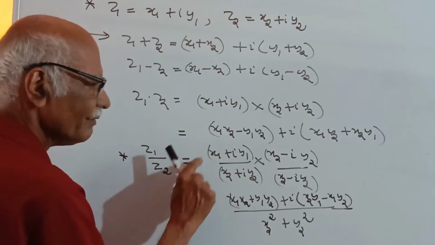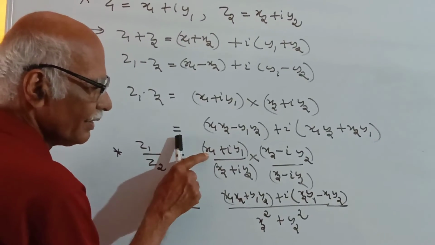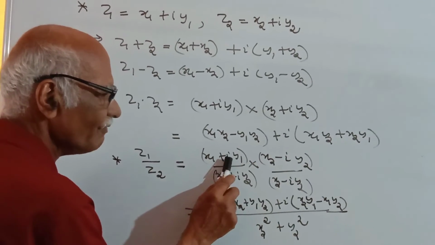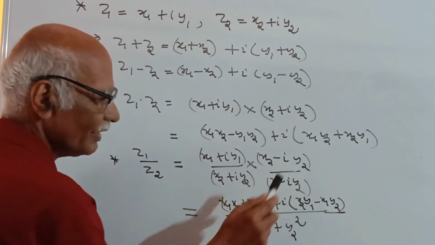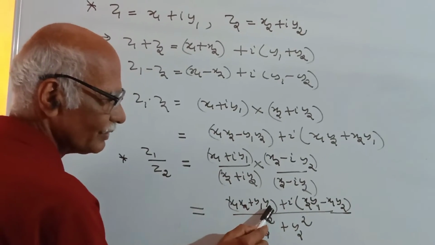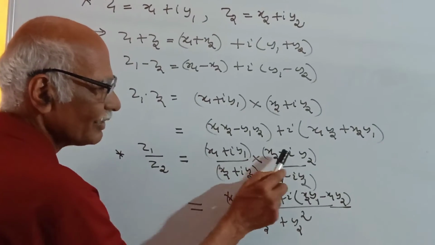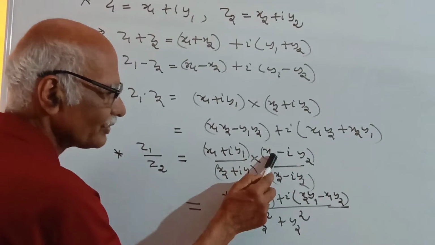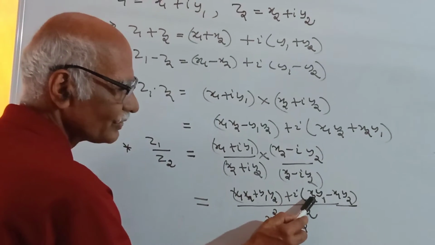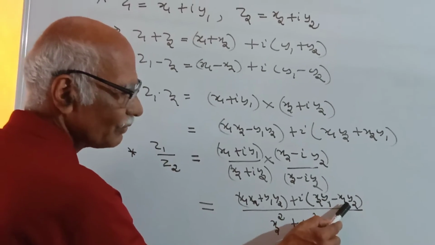And you can see in the numerator, x1, x2 is coming. Then iy1 into minus iy2: minus i squared is plus 1, so y1 y2. Now x1 with minus iy2, and x2 with iy1, produces i into x2 y1 minus x1 y2.